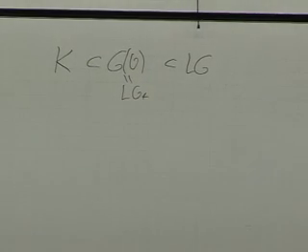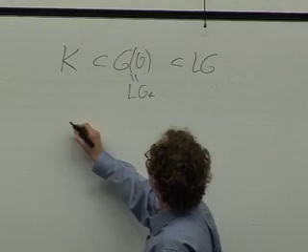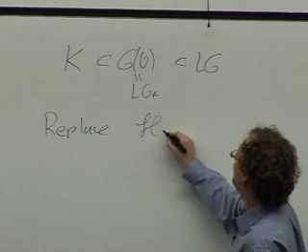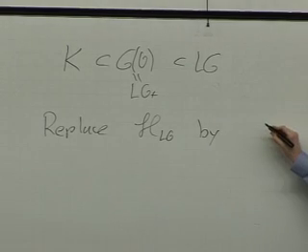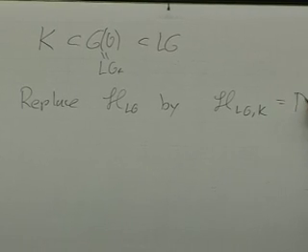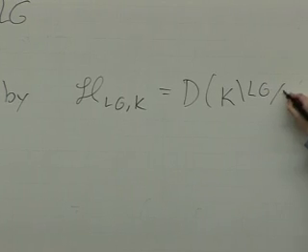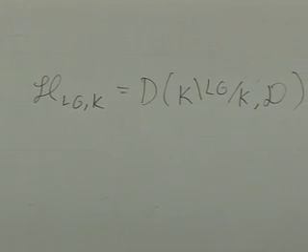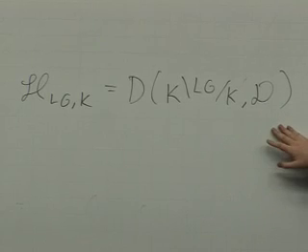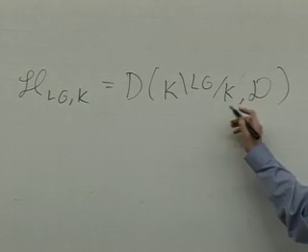Take a subgroup of G of O, and we're going to replace this crazy gadget by something a little more manageable, which is the Hecke algebra for LG, K, which is D modules on double cosets. So now this is something a little more familiar. This is what we did a couple days ago when we looked at spherical Hecke algebra. The symmetries in the geometric Langlands program were exactly this object when K was G of O.